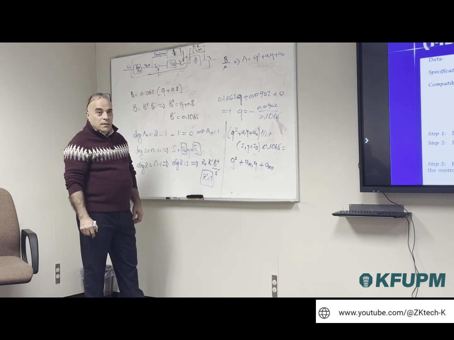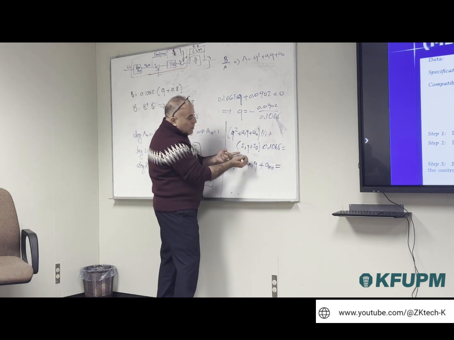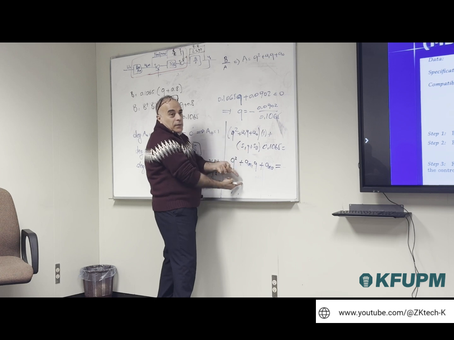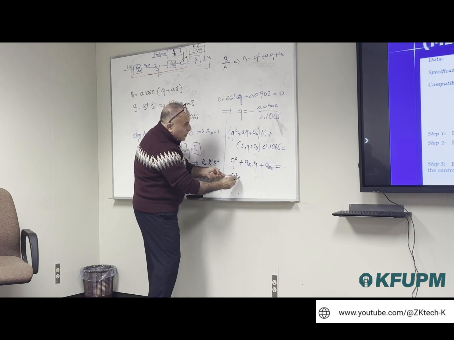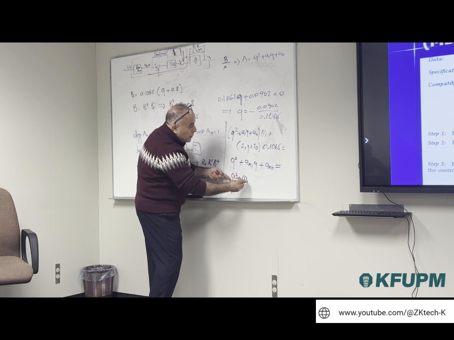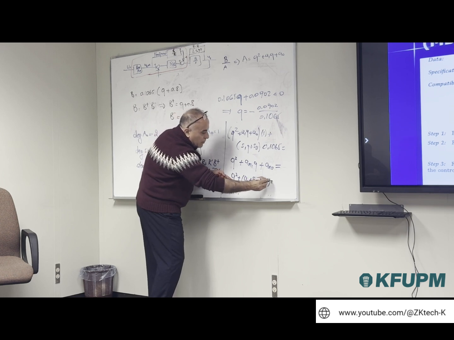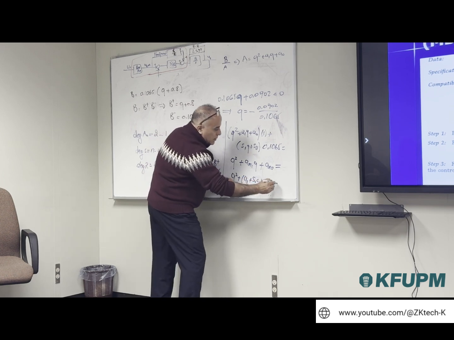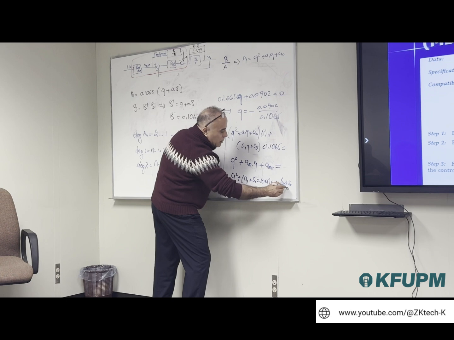You agree with this? So this I'm going to write as equal, and I'm going to rewrite this equation down here. Right, so this will be Q squared plus A1 plus S1 times 0.1065 times Q plus A0 plus S0 multiplied by 0.1065.